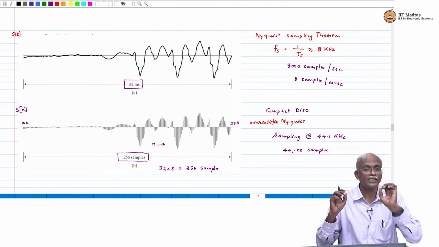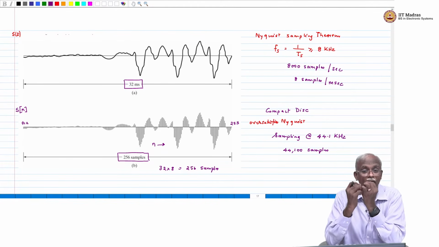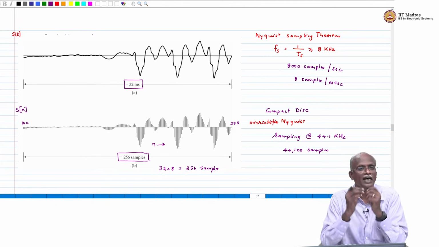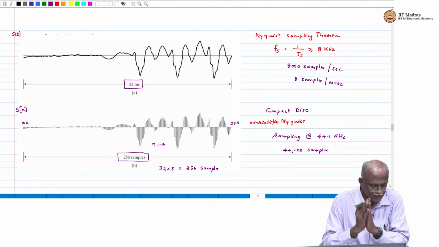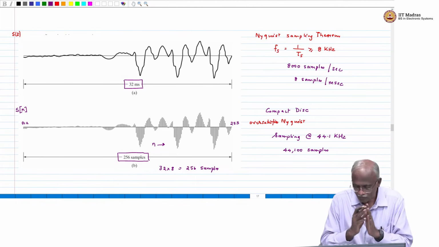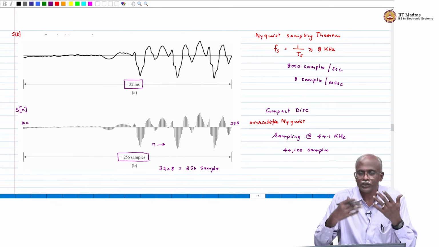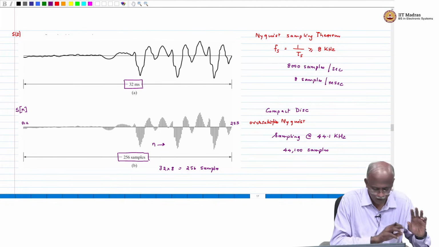And one of the reasons is when you do oversampling, you can have a higher fidelity representation of the signal, and that is why a CD quality audio signal is of extremely high quality. Okay, and so you start to see how DSP plays an important role.